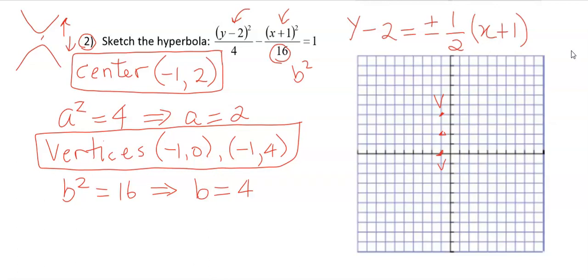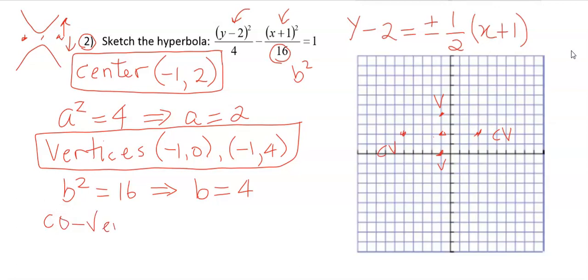So this will give me my covertices. And again, if you look up here, I have to go 4 to the left and 4 to the right of my center. You could put that right in your graph right now. 1, 2, 3, 4. Okay, so there's one covertex approximately, and 1, 2, 3, 4 blocks the other way. There's my other covertex. Now remember, you could draw this right now.